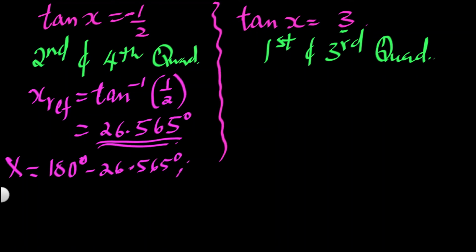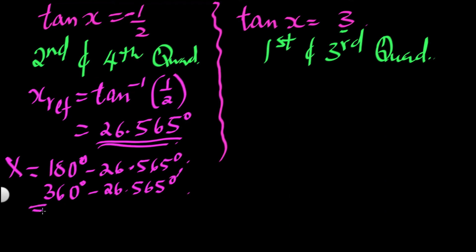Then the other answer from the fourth quadrant will be 360 degrees minus 26.565 degrees. These are the two answers that I'm going to get from the left hand side.